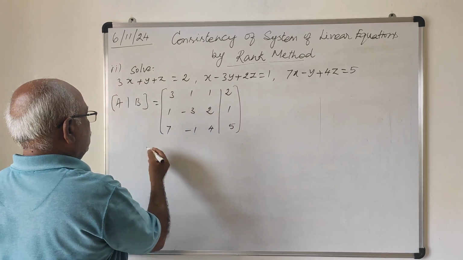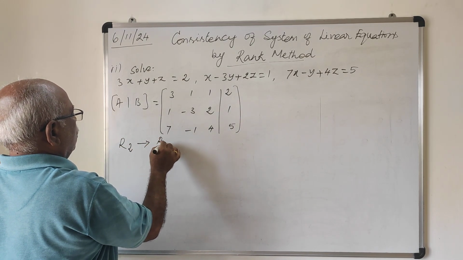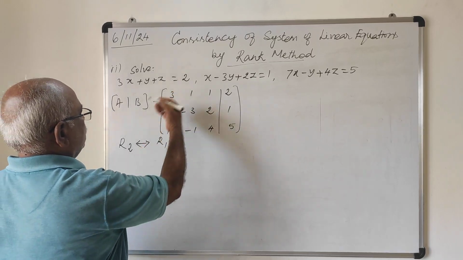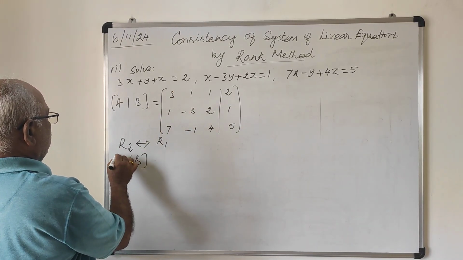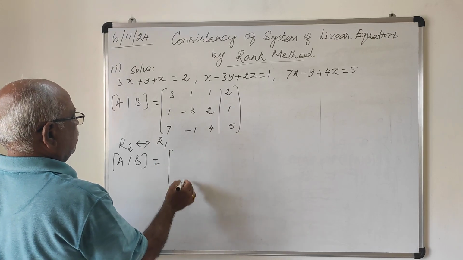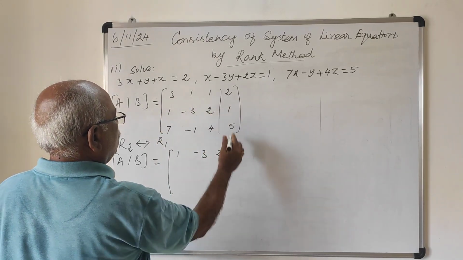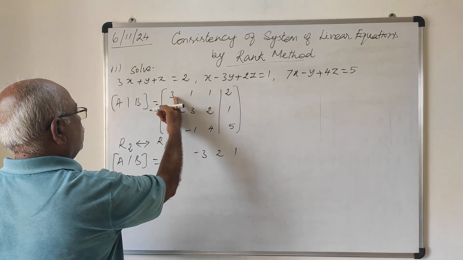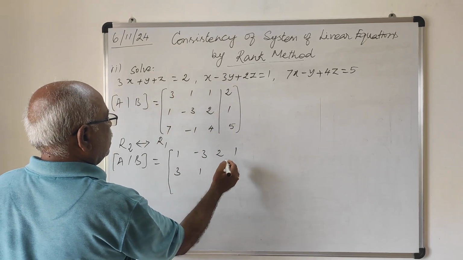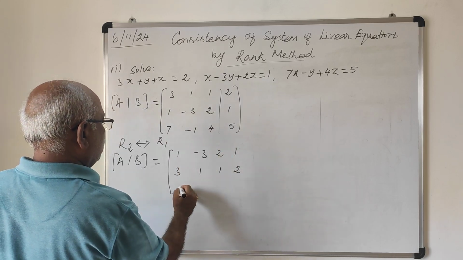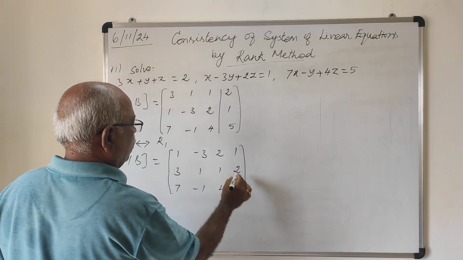That is, the augmented matrix AB is now, after this operation, R1 becomes 1 minus 3, 2, 1. And R1 becomes R2, that is 3, 1, 1, 2. And the third row as it is, 7 minus 1, 4, 5.